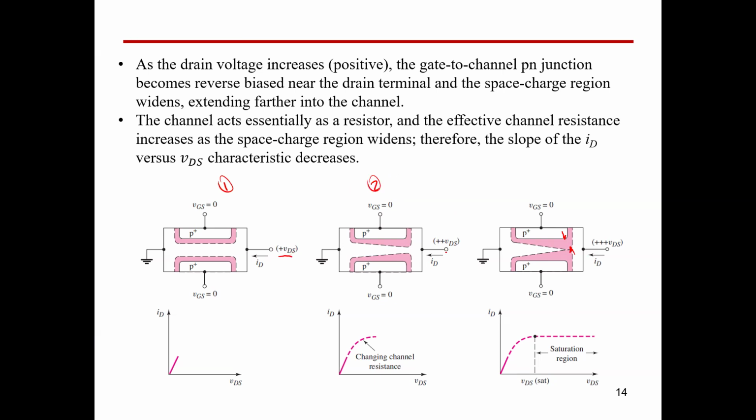Second case, if we increase the drain to source voltage more. Can you see here plus VDS, here plus VDS. So the second case is greater than the first case. As you can see, the channel is reduced here. So this is a channel width, and here the channel width is higher.